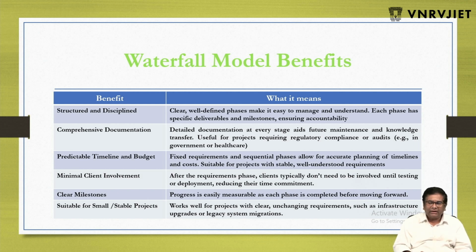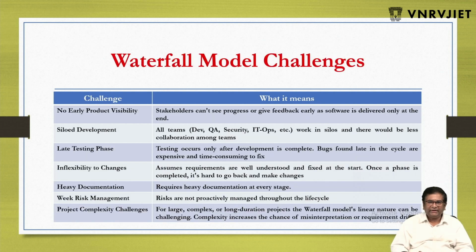Now, the waterfall model works really well in the beginning, but as the business community started using it, they started encountering a lot of challenges. Let's go to the next slide, where we see the challenges with the waterfall model. Now, the advantage is actually a disadvantage, because customers won't get to see the product until it is deployed or ready for testing.